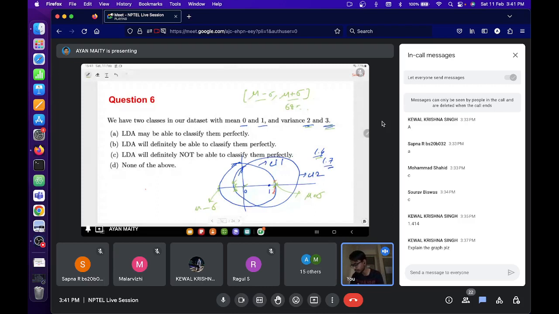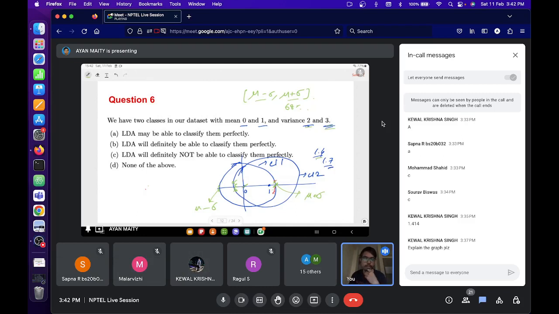And similarly for the second class. Sir, there is one question which is coming to mind: is it necessary that the data points will follow the normal or Gaussian distribution? I mean, it might not be. The mean and variance values are given, so it might not be Gaussian.